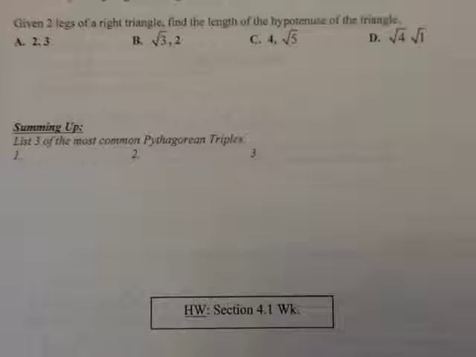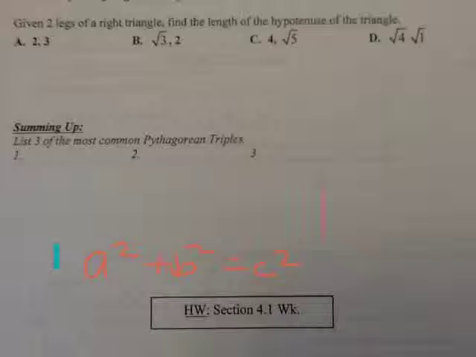Now, if we look at the next section of your notes, the directions say, given the 2 legs of a right triangle, we need to find the hypotenuse. Well, all you're going to do is, again, use the Pythagorean theorem. A squared plus b squared equals c squared.